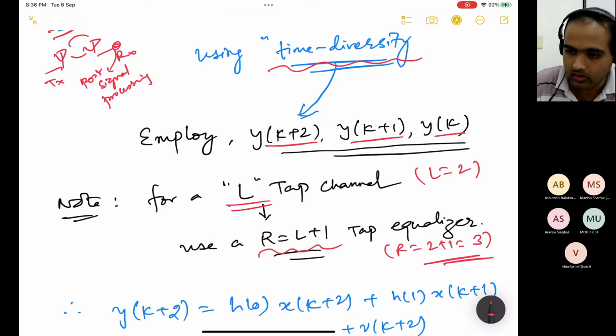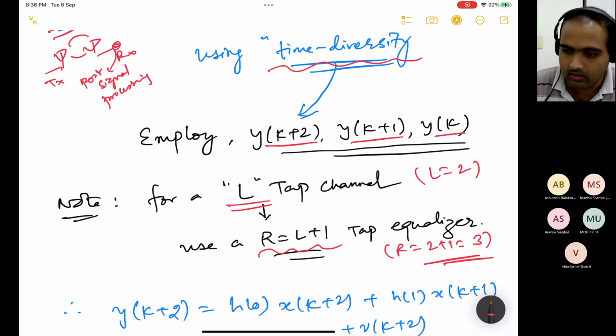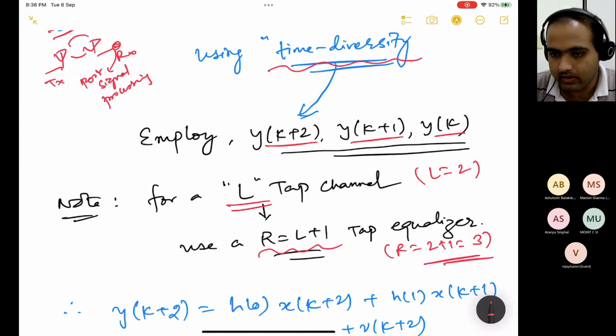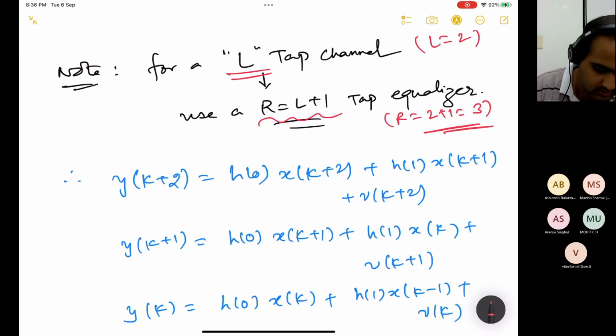So I will be requiring at least a 3 tap equalizer. It is not hard and fast that we need L+1, but with a larger number of taps we can obtain a much better estimate, with better accuracy. We'll see that.